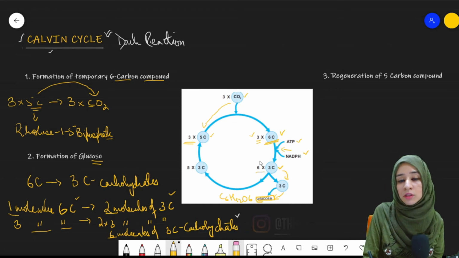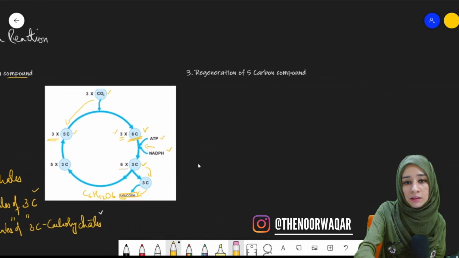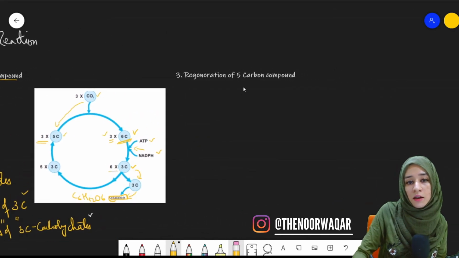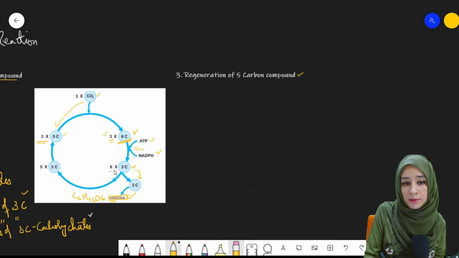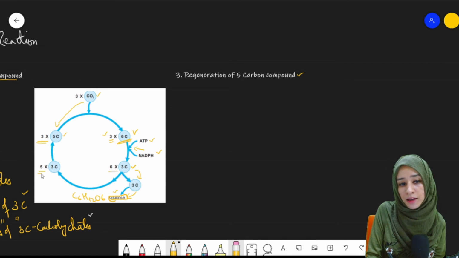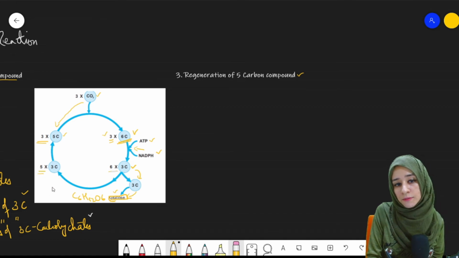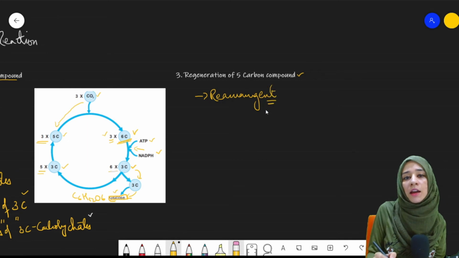Clear? Now this takes us to the last step, that is the regeneration of the 5-carbon compound. One molecule from these 6 molecules of 3-carbon carbohydrate is changed into glucose. Now the rest that are left are 5 molecules of 3-carbon carbohydrates. The only thing that will occur here is the rearrangement of the different atoms.